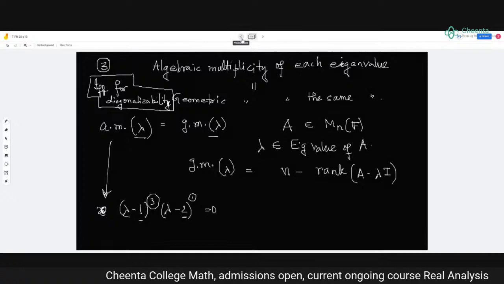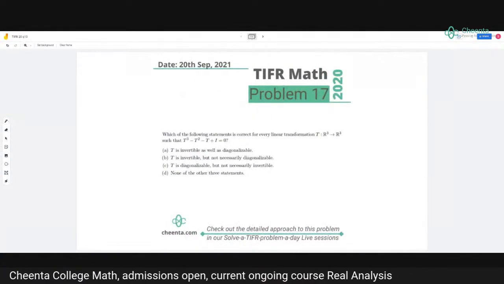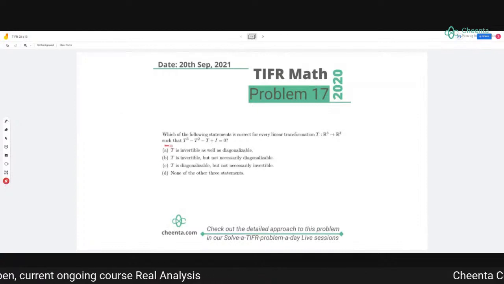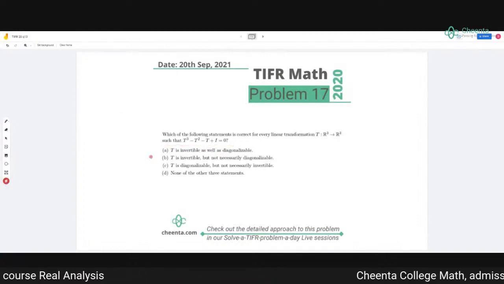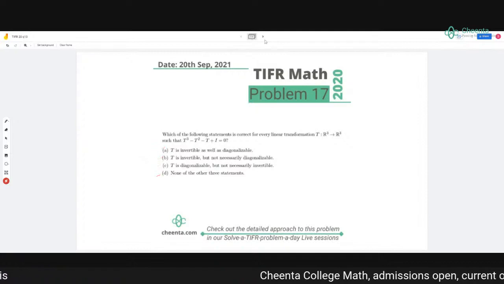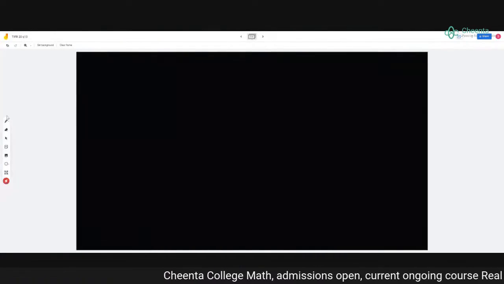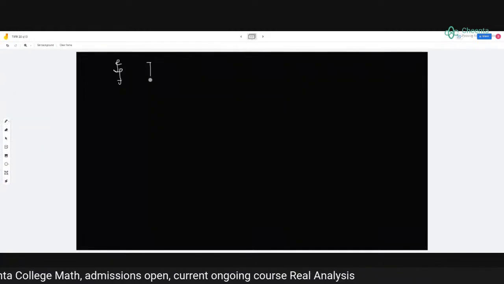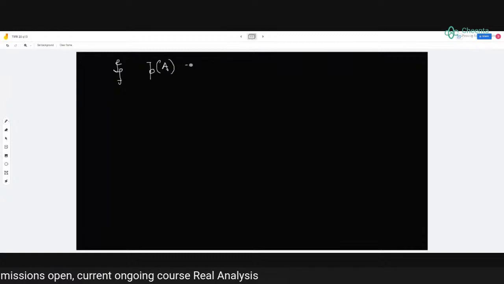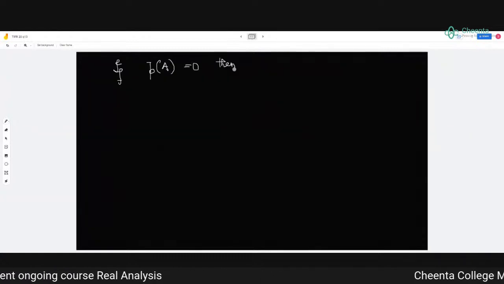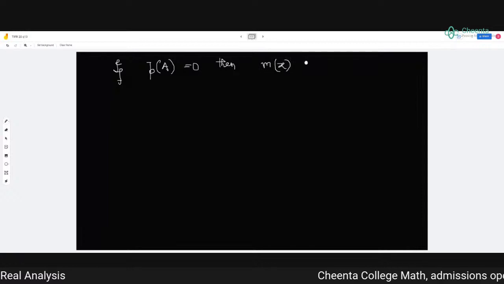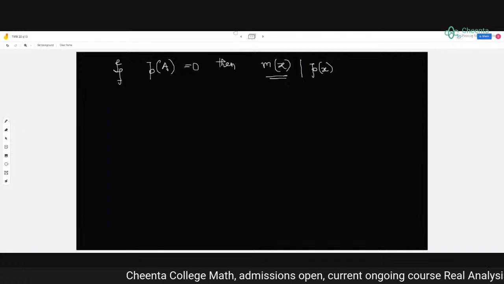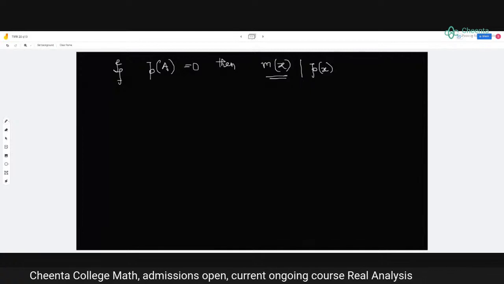Now let us look at the question. It says that if I have this equal to 0, then which of the following is true? One of the properties of the minimal polynomial is this: if P of A is 0, then m of x divides P of x, where I am consistent with my notation for the minimal polynomial.